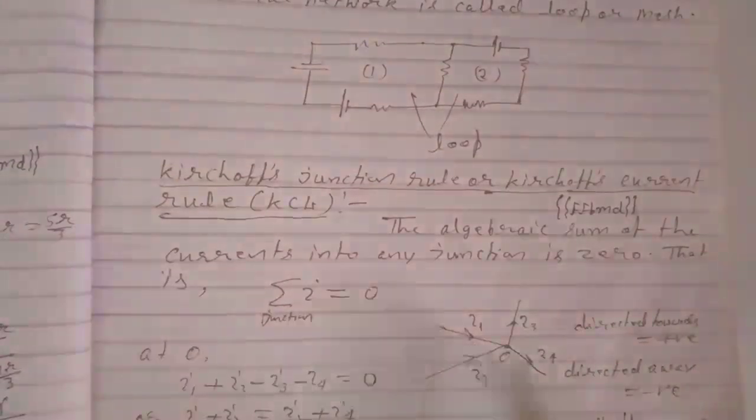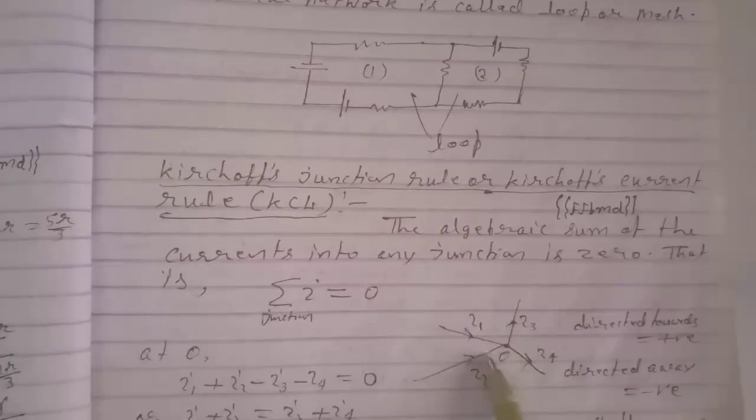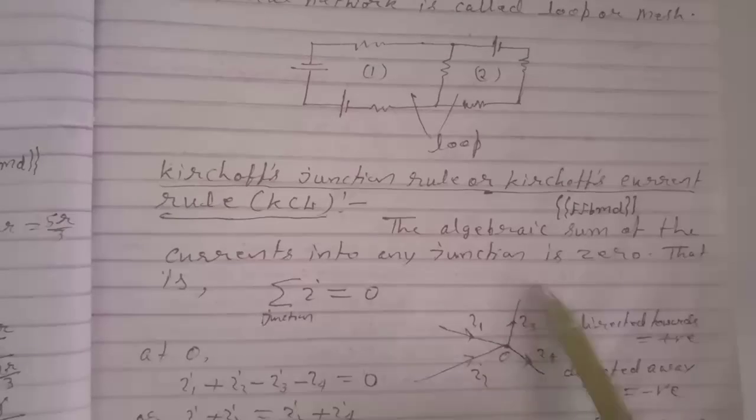Here it is shown. For example, at point O, many currents are meeting and coming out. I1 is going toward O, and I2 is also going towards O, so I1 and I2 will be positive. Now I3 is coming out from O, and I4 is also coming out from O, that is, going away from the point O. So these will be negative.